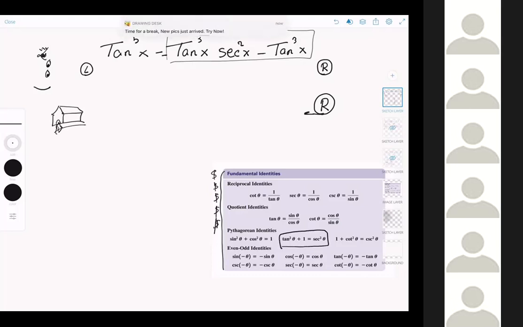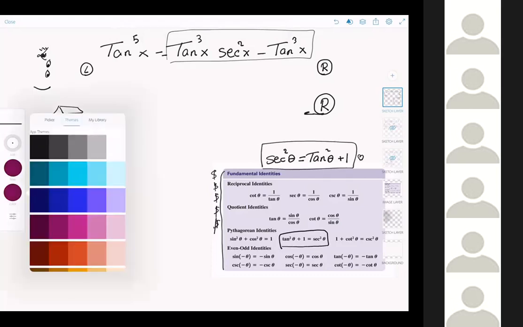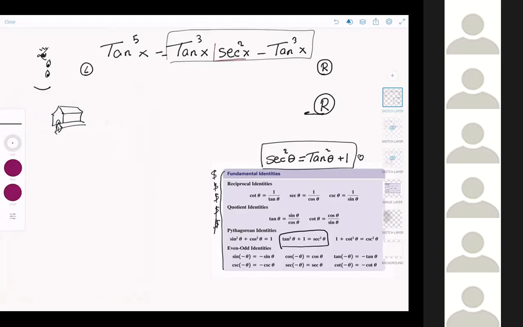So Karen said secant squared theta equal to tangent squared theta plus 1. What does it mean? This is a formula that we don't negotiate where it's coming from. We just love it. So do you want me to substitute instead of this secant squared, plug in tangent squared plus 1?